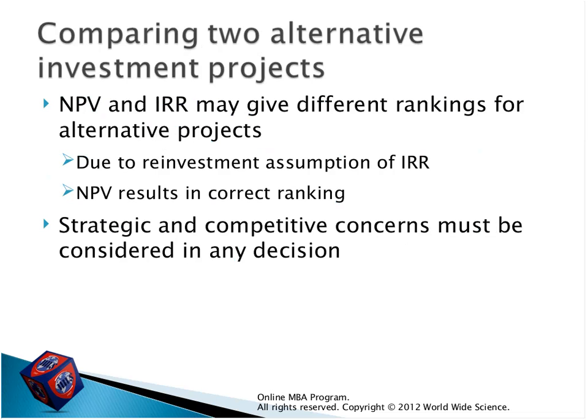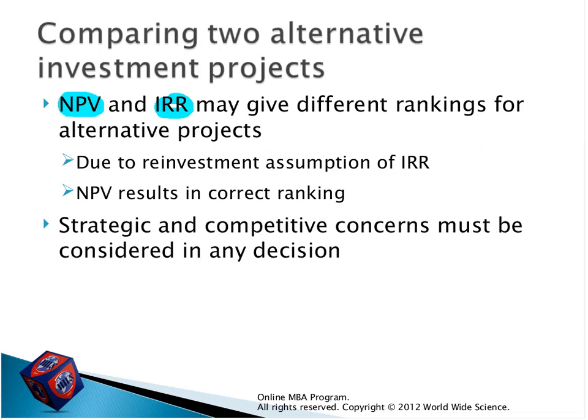If we are going to compare 2 alternative investment projects using the net present value and IRR methods, those 2 methods may give different rankings for the projects. You already know different methods to make a decision on a project and investment, right?